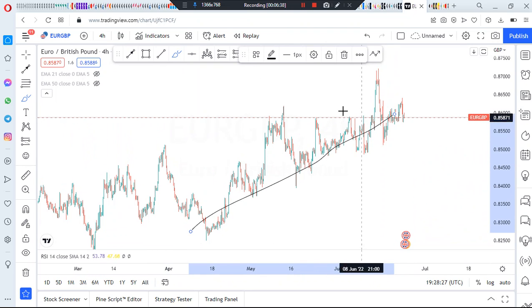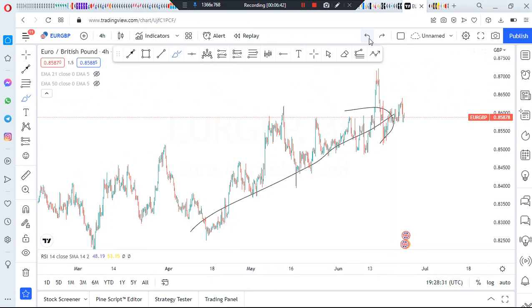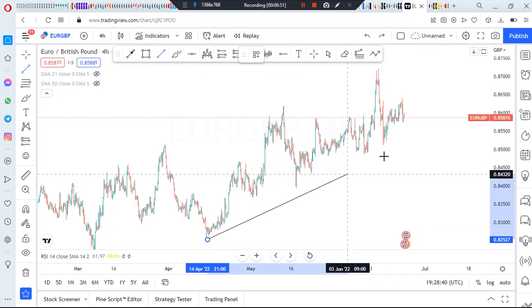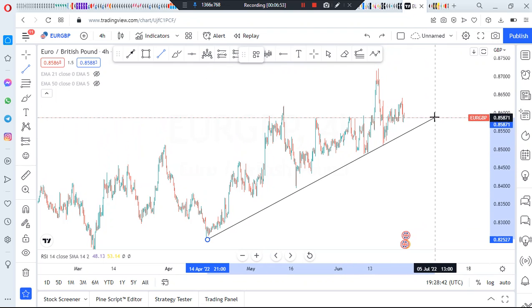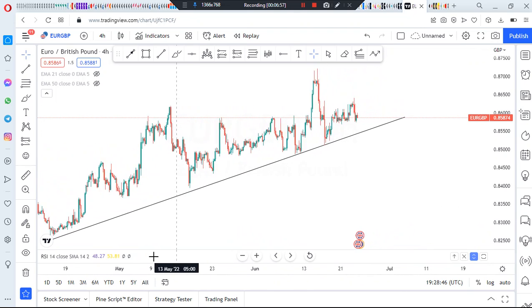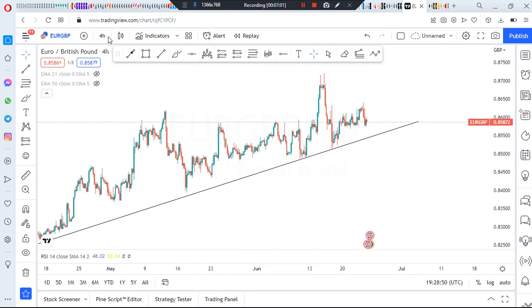This is moving in an uptrend, going up. So we know that if our price is moving in an uptrend, the buys are most likely to be found. So the trend is mostly in favor of buying positions.